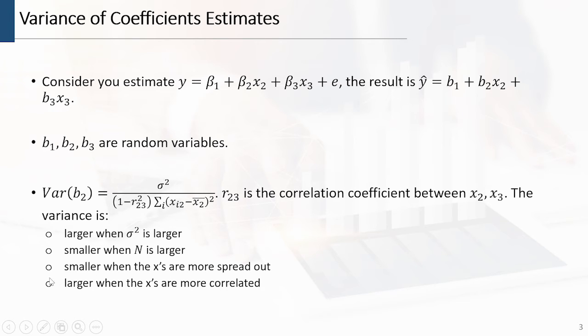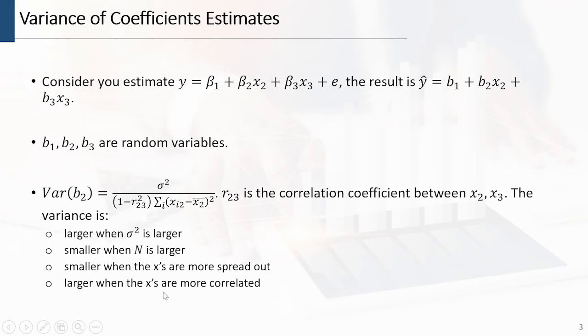Finally, the fourth one is really something new in this lecture. The first three are already properties of the estimator b2 in a simple regression model. The fourth one says that the variance of b2 tends to be larger when R23 is bigger, or when the x's are more correlated.